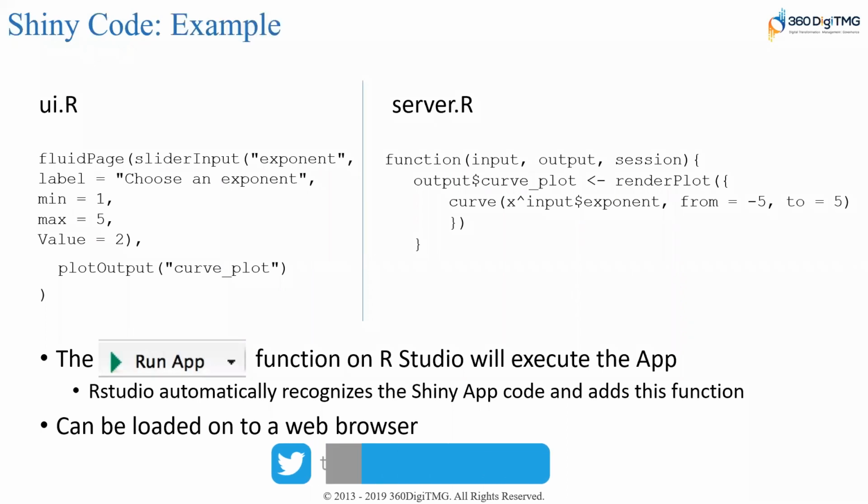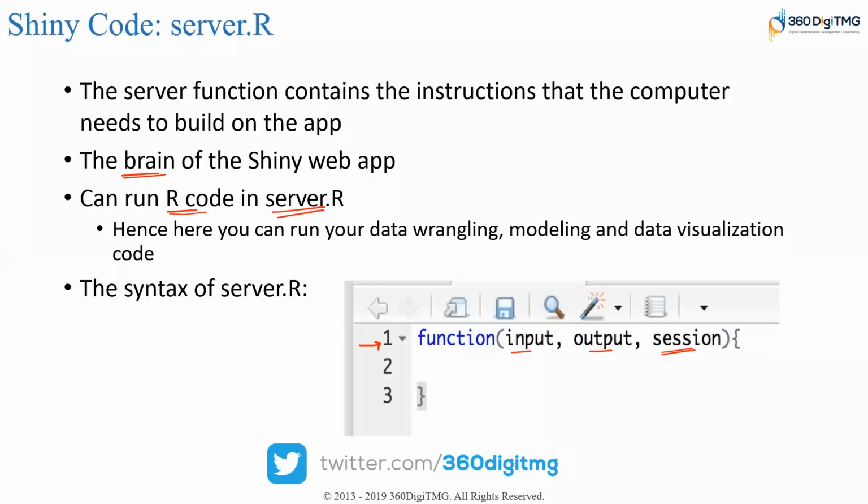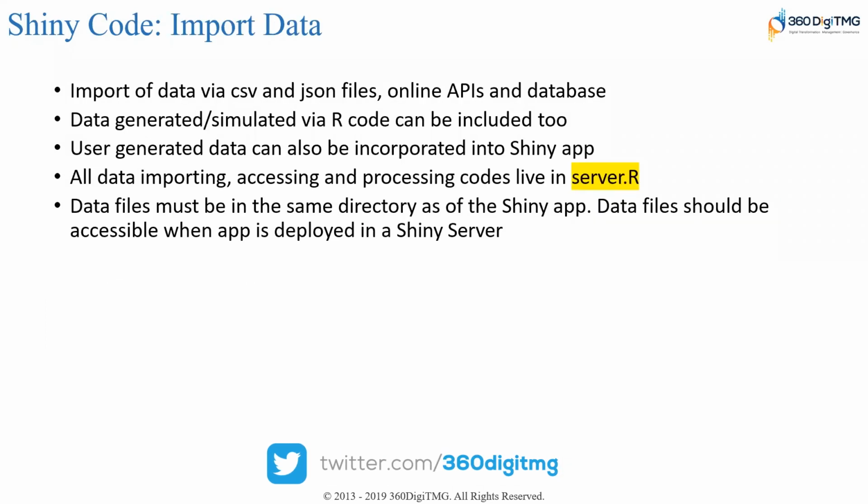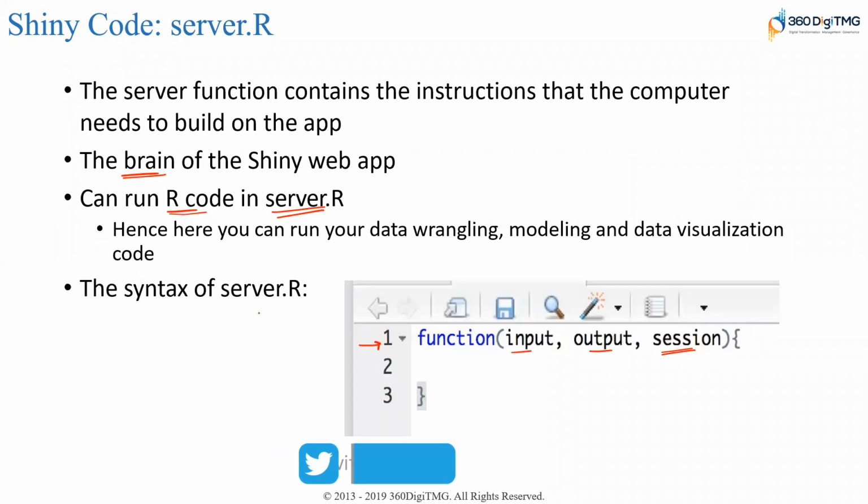Let me talk about that when I come to that slide. Okay. So shinyApp is another function which gives you a button, which when clicked, the entire code is executed and you would get the HTML page.